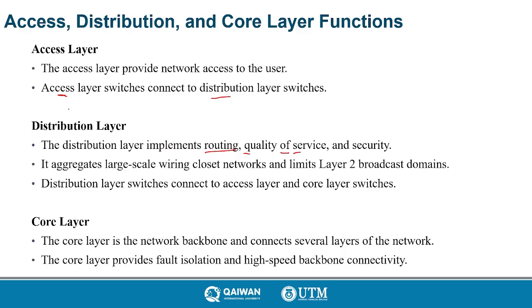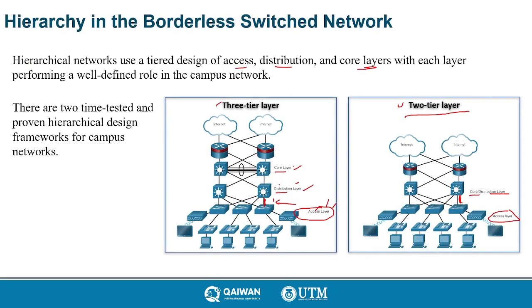So in the exam, they might ask you in which layer routing, QoS and security are implemented. Well, your answer would be the distribution layer. And it aggregates large-scale wiring closet networks and limits layer 2 broadcast domains, of course. And in here, we know that the distribution layer switch connects to the access layer and core layer switches. So it means that the distribution layer here would be between the access layer and the core layer.